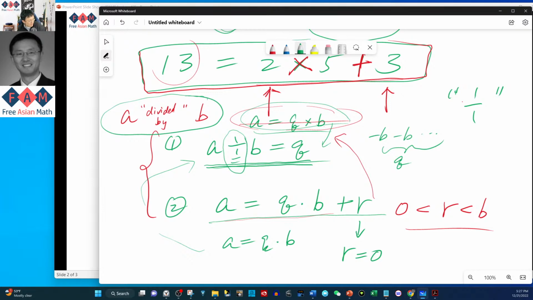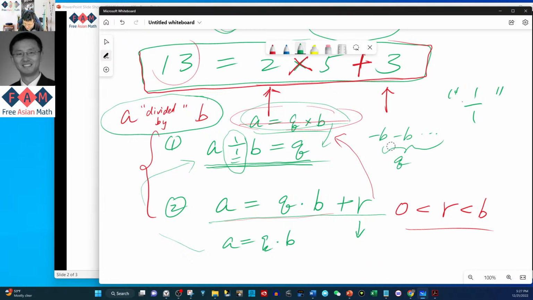Therefore, we see that the first case is actually just a special case, or at least we can think that way. The first case is just a special case of the second case.